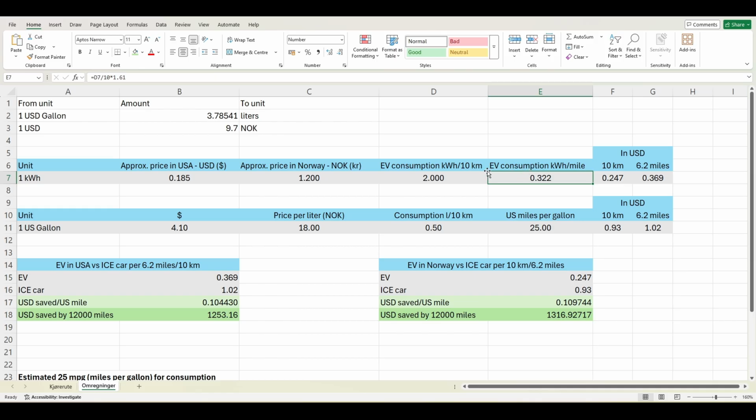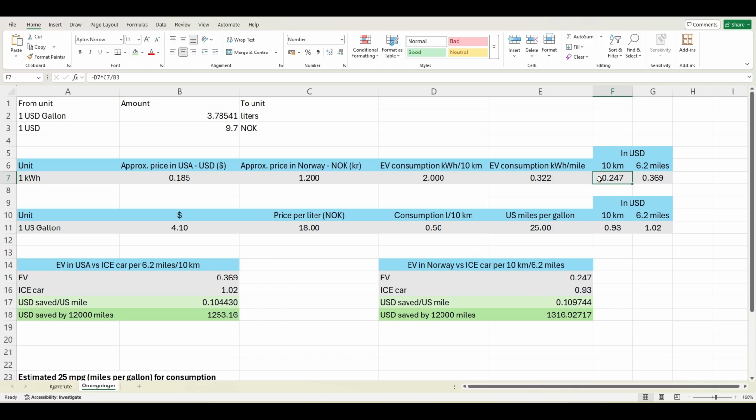If we do the same consumption, kilowatt hours per mile, we calculate it by dividing by 10 because of the 10 kilometers, and multiplying by 1.61.